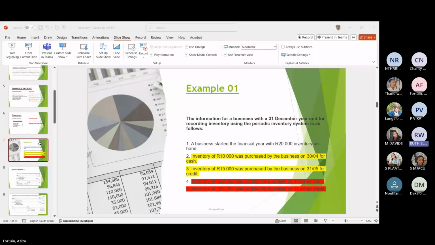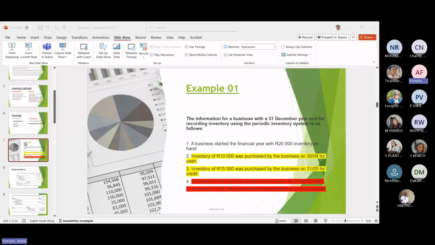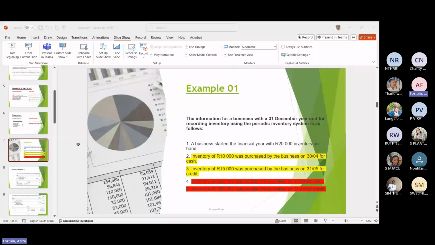Okay, it's fine, Ruth, you've got your own method. So the 2,000 Rand is the purchases. There you made your first mistake. Output VAT is not on purchases. Output VAT is on sales. Purchases is on input VAT.